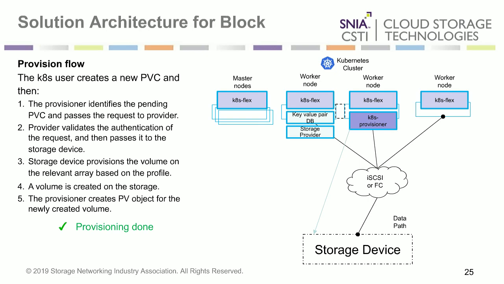So I'm going to go through the process flow of creating a persistent volume with dynamic storage provisioning. So here I have a Kubernetes provisioner, and I have Kubernetes flex volume drivers. Again, I'm doing master node attach, so flex volume has been installed there and made available.